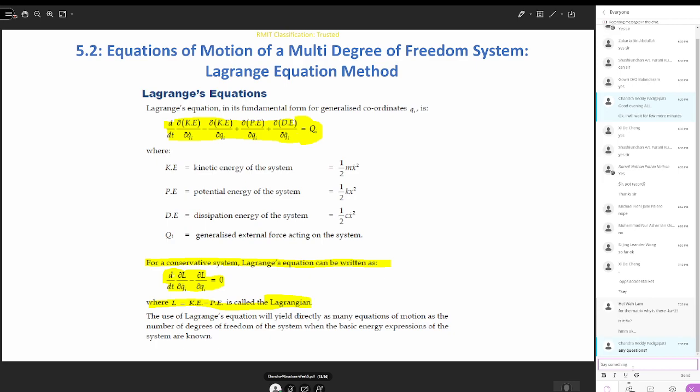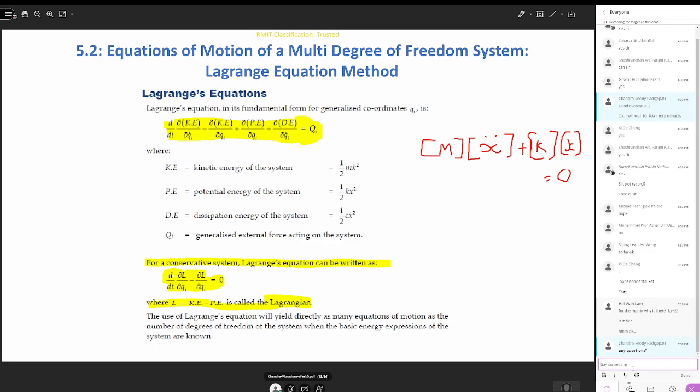For these systems, we can always write a mass matrix M multiplied by the acceleration matrix, plus the stiffness matrix K multiplied by the displacement matrix, equal to 0. This is a standard format when dealing with a mass and spring system with multiple degrees of freedom. So we can write the equations of motion like this.